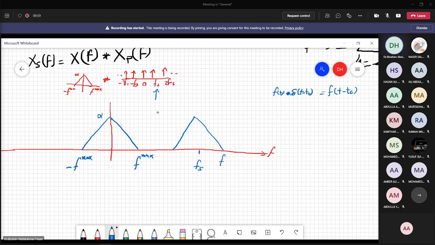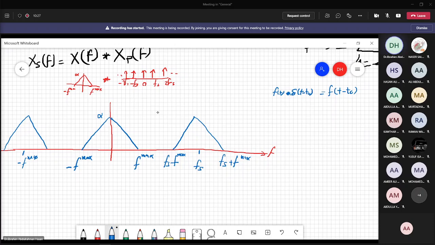So then this is fs plus f max, and this is fs minus f max. By convolution with minus fs, same thing, just shifted here to minus fs.